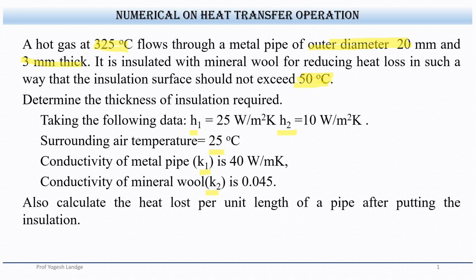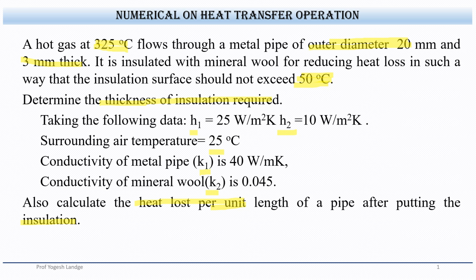And what we need to calculate is the thickness of the insulation, and the heat loss per unit length after putting the insulation. Whatever I highlight, these are the data with us, and with the help of that we try to get the values.